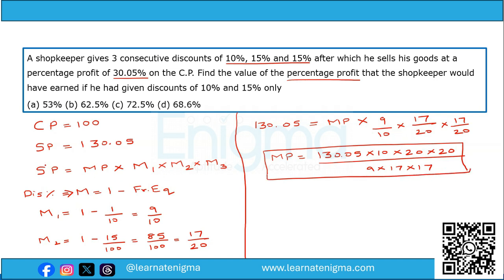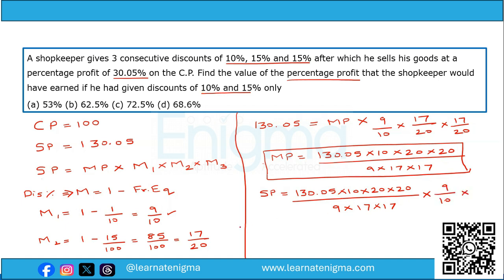Now we can use the same formula again, but now we have only two discounts, and selling price is what we have to find out. So selling price is equal to marked price, that means this one, 130.05 into 10 into 20 into 20 upon 9 into 17 into 17, multiplied by the multipliers. Now a 10% discount means multiplier 1 is again 9 by 10, and multiplier 2 will be 17 by 20.